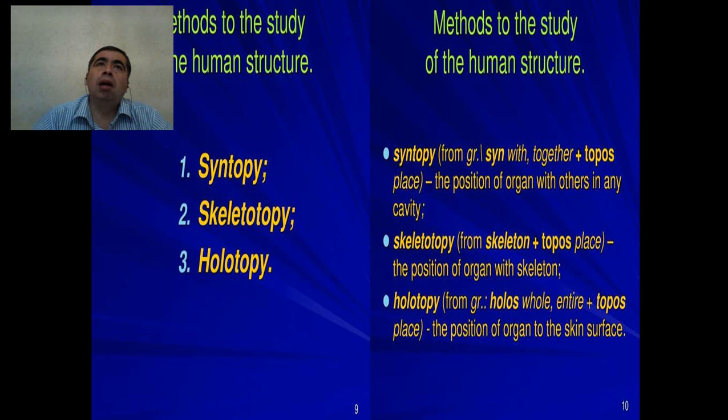For example, we can say the cardiac orifice of the stomach is located at the level of the 10th, 11th thoracic vertebrae, at the left side of these vertebrae, of course. Or the pyloric orifice is located at the level of the 12th thoracic and the first lumbar vertebrae at the right side. It's the skeletopy.